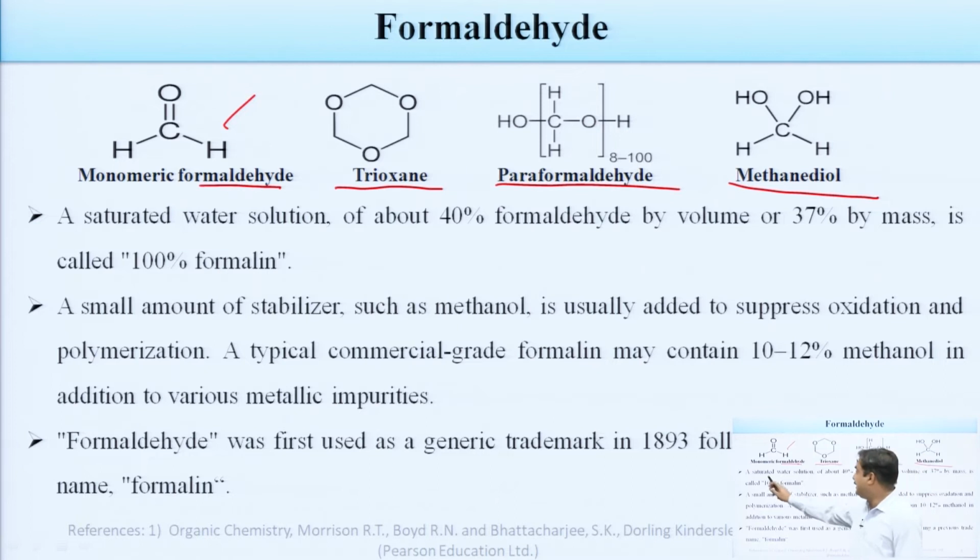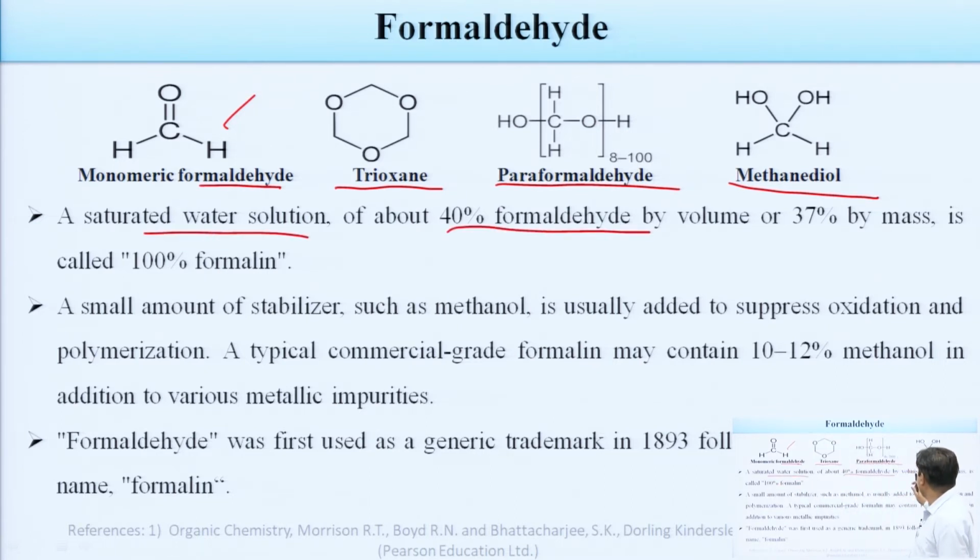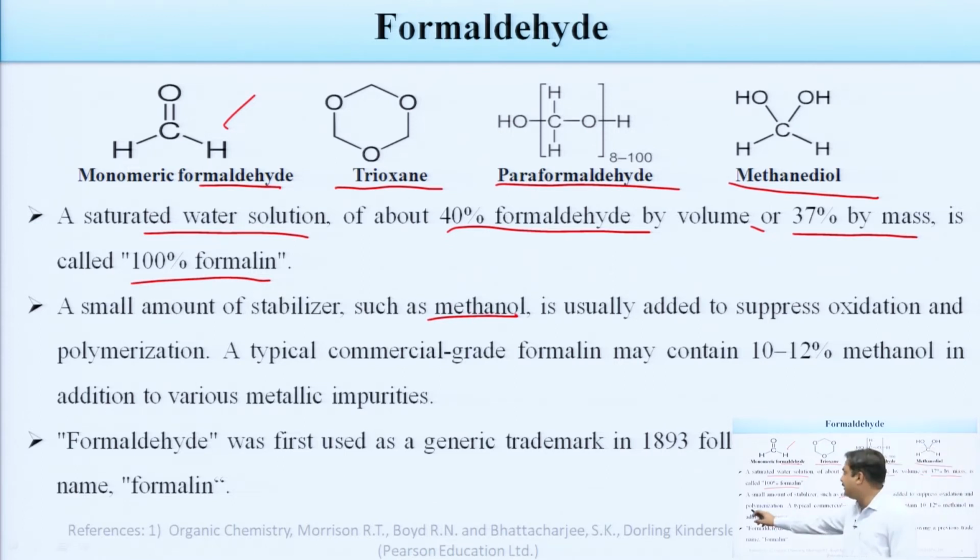A saturated water solution of about 40% formaldehyde by volume or 37% by mass is called 100% formalin. It is a very important solution which is used to preserve tissue. A small amount of stabilizer such as methanol is usually added to suppress oxidation and polymerization.